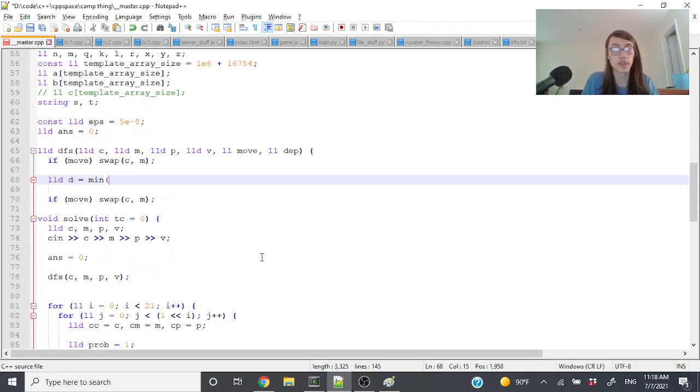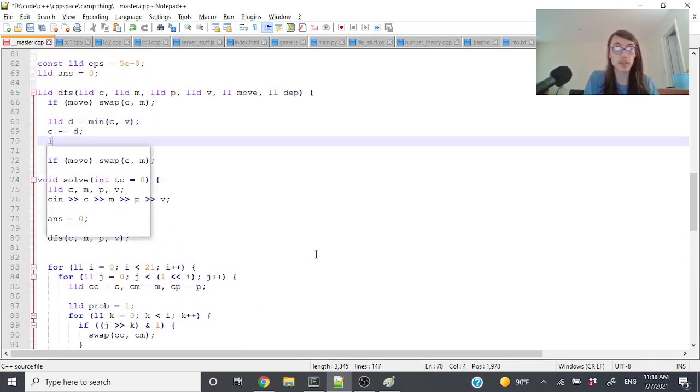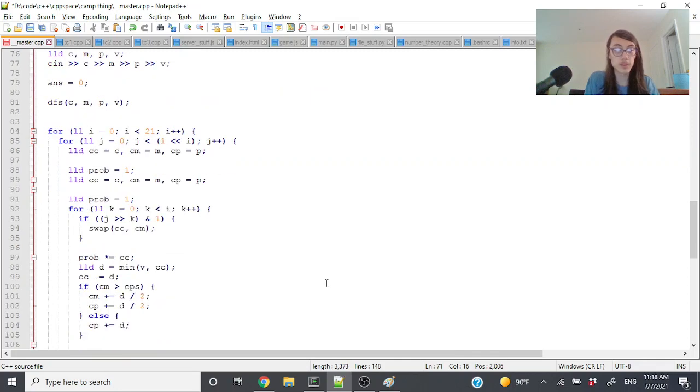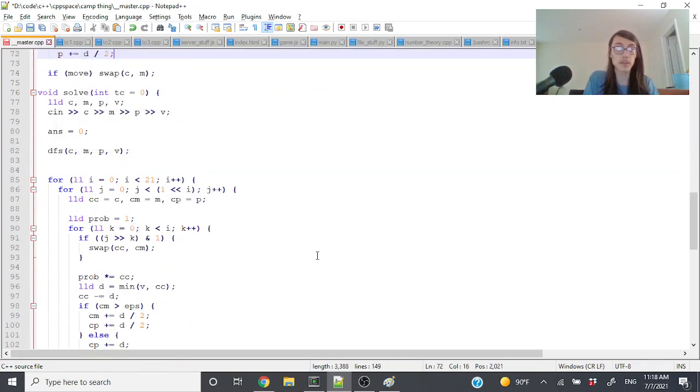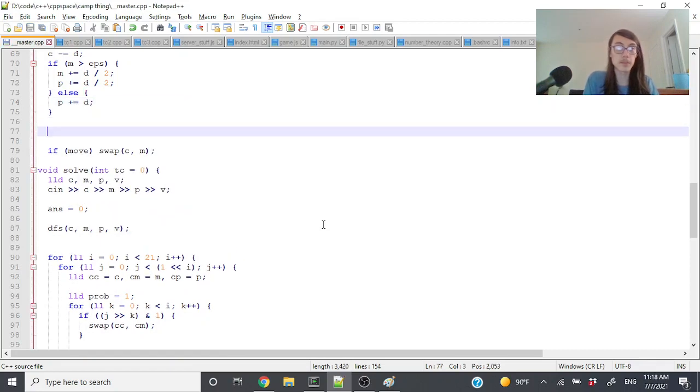Alright, so now we're doing this again. C minus equals d. M plus equals d over 2. P plus equals d over 2. Else P plus equals d.